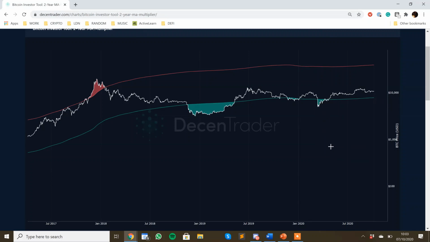And it's very interesting to me, this indicator, because during these times when price dips below this green line, the 2-year moving average, that is when sentiment in the market is at its most bearish. So during these times, we were seeing a lot of people on crypto Twitter get very bearish, and actually this indicator and other indicators I'll show you in the coming weeks were all signaling that actually that was a fantastic buy the dip opportunity.